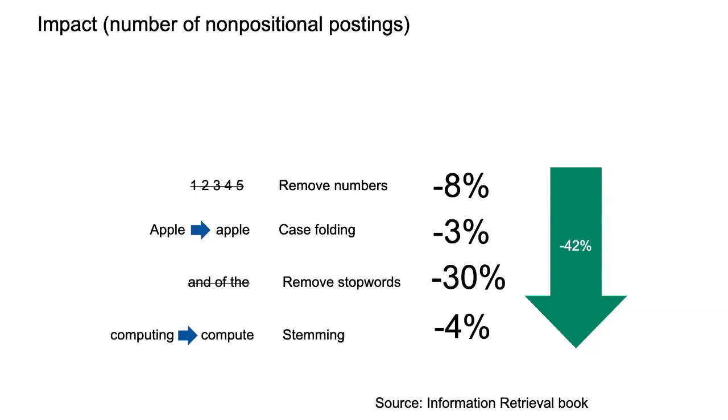So in that case, we remove 30 stop words. That's called the rule of 30, right? Removing 30 stop words typically removes 30% of the postings. And then stemming removes 4% of the postings, right? And here we basically gained 42%. It's not exactly half of it, but basically almost half of it.